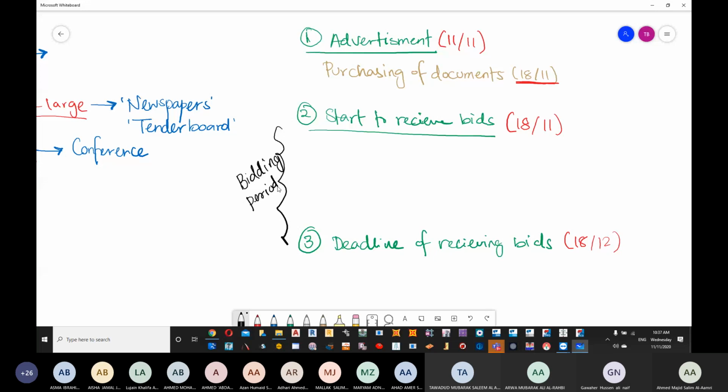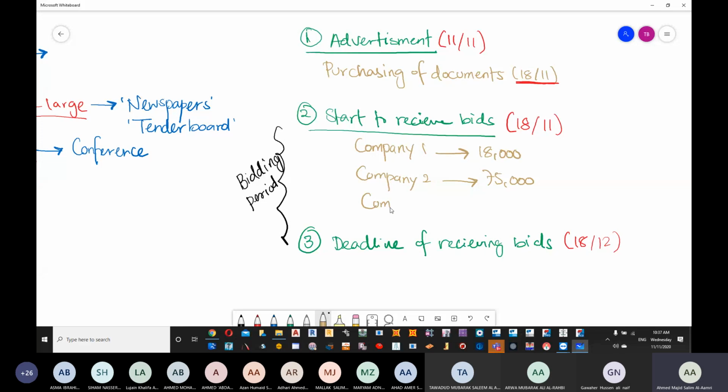Now, inside the bidding period, I have received the first company's offer, company number 1. They offered me 18,000. And then company number 2, they have offered me 75,000.